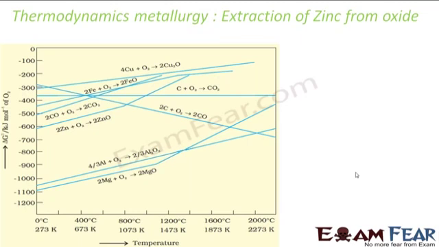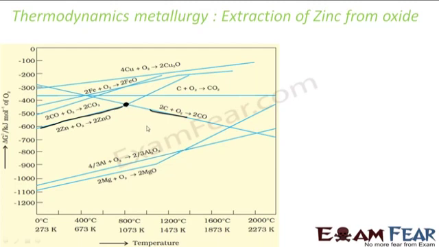The next is extraction of zinc from the oxide. For the extraction of zinc from oxide, we'll use this reaction. Actually, you see this reaction, carbon plus oxygen gives carbon monoxide. If you see these two reactions, these two lines merge at this point.